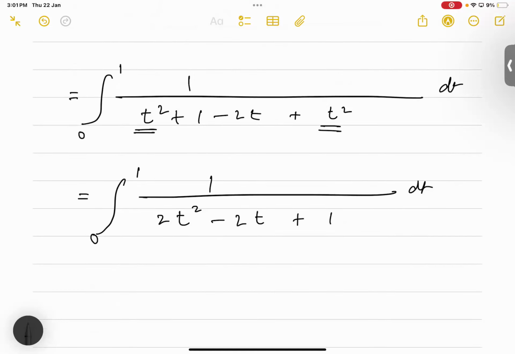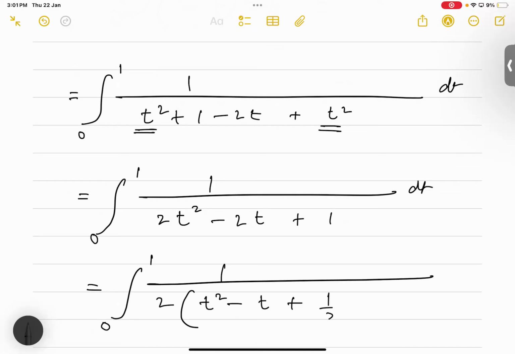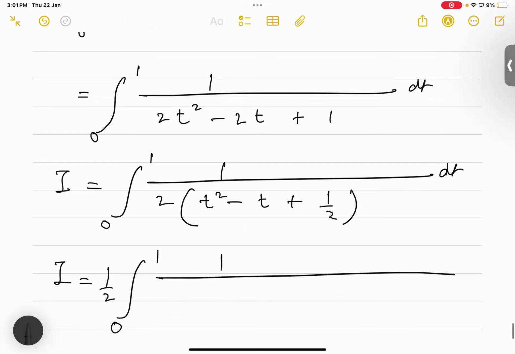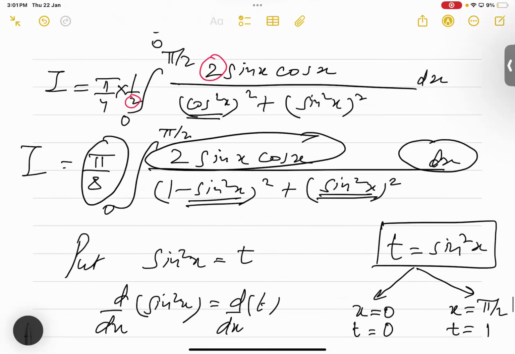So it's very big. How to solve this further? Take 2 outside. Yeah, 1 by 2. 2 outside: t square minus t plus half. Half outside. Am I missing some terms? Pi by 8, yes.